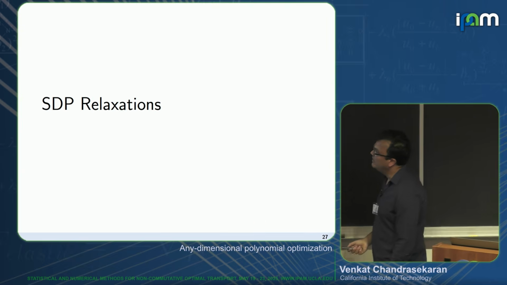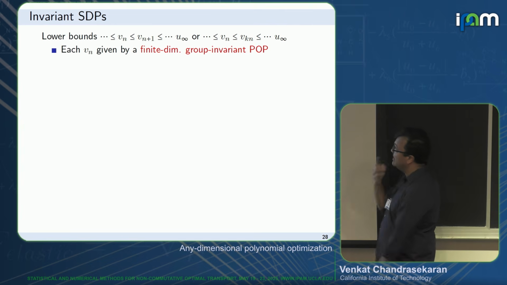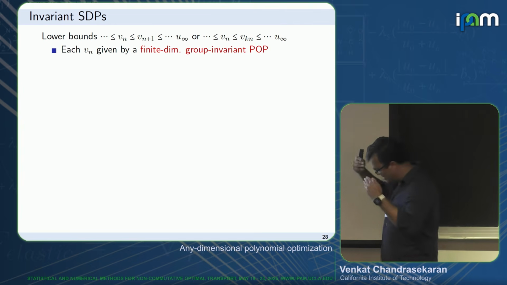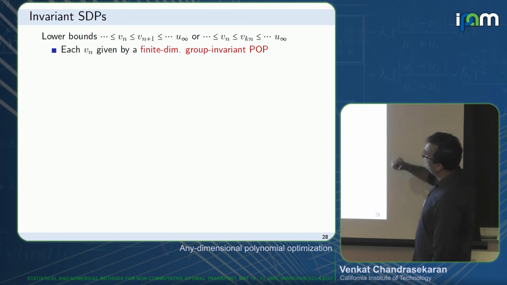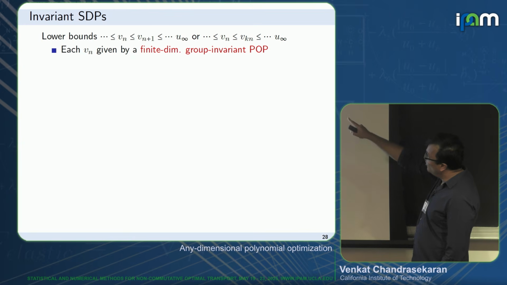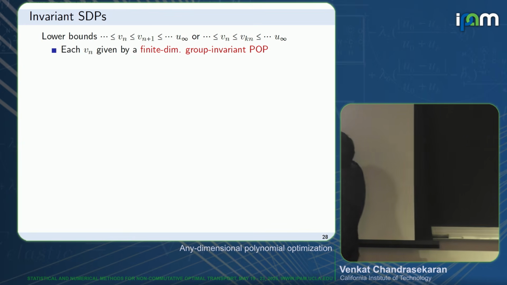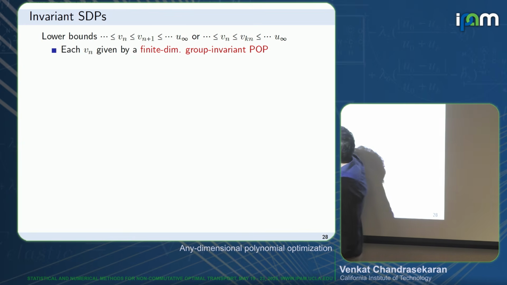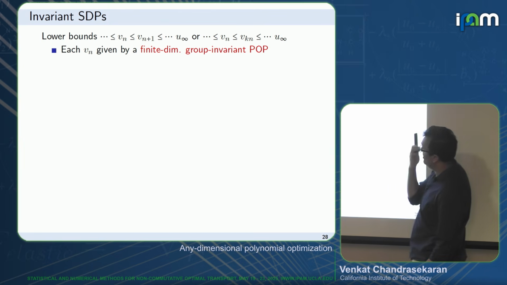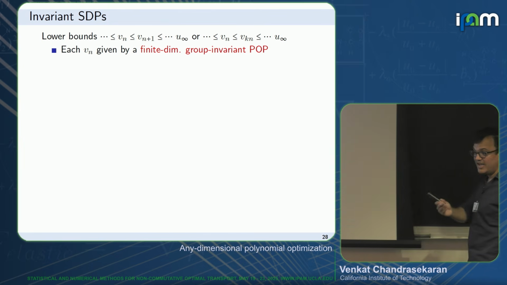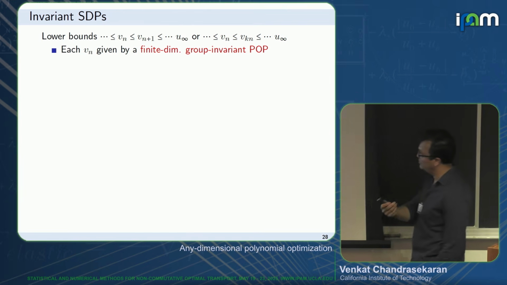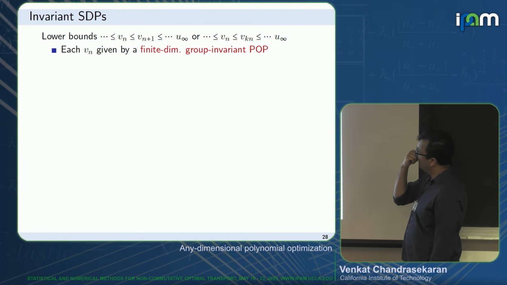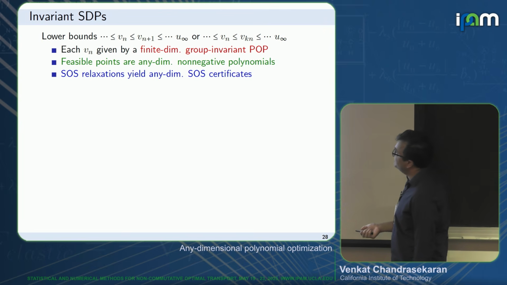Okay? All right. A brief word, finally, about SDP relaxation. So far, I've just taken an any-dimensional POP and written out a finite-sized POP. Our lower bounds are given in one of these fashions, depending on what the original problem looks like. And each Vn is given by a finite-dimensional group invariant POP, as was alluded to or mentioned several times during the talk.